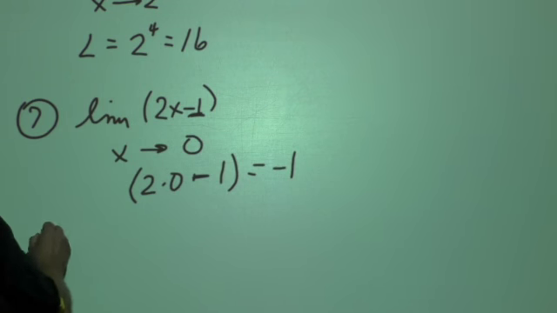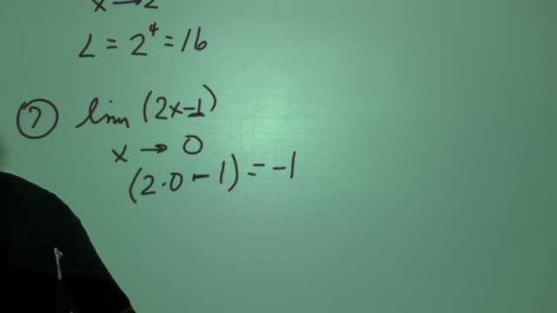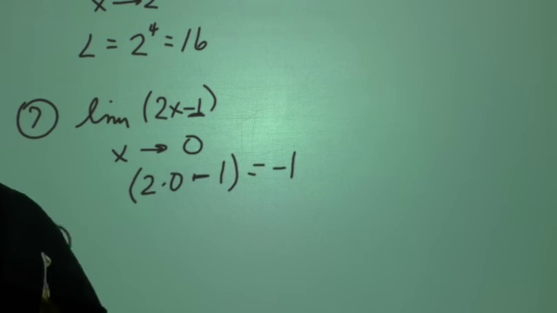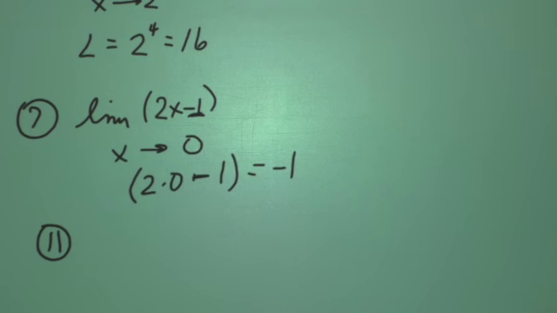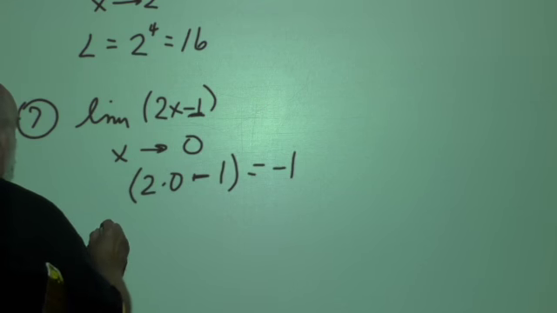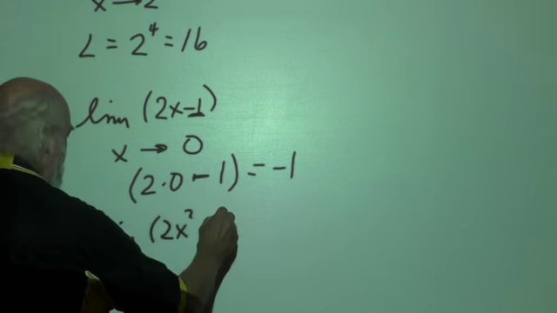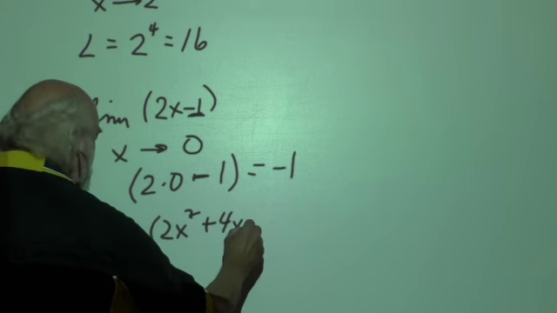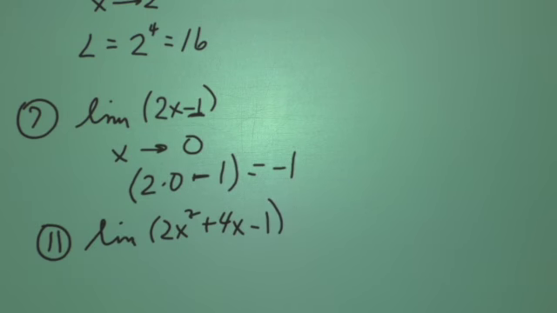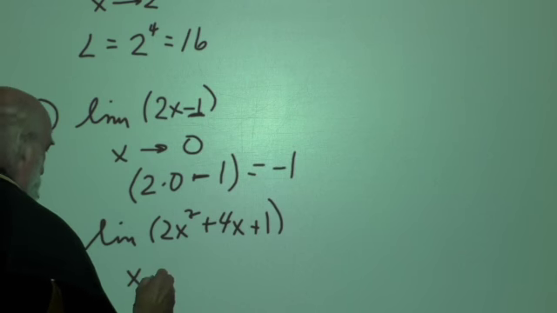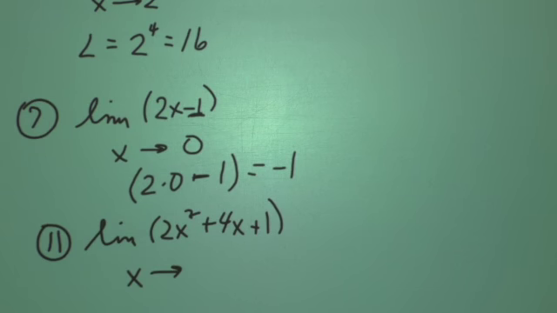So far, so good. Now, the next one we're going to do is problem number 11. In problem number 11, we have 2x squared plus 4x plus 1, sorry, plus 1, and as x approaches negative 3.